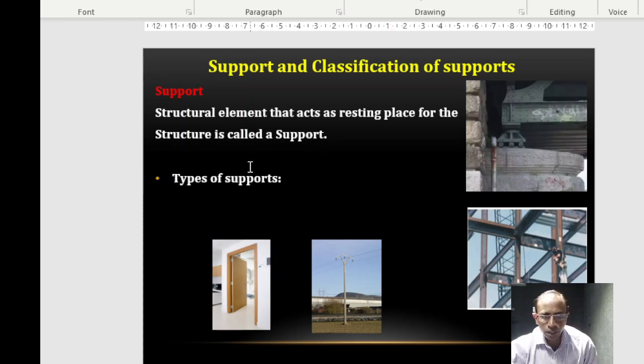So now we have got a preliminary understanding about the support. What is a support? How many different types? Maybe here itself I have shown almost three different types of supports. This is a kind of roller supporting system. The pin or hinge, sometimes it's called hinge. Pin support or hinge support, where a door is attached to the frame by means of that kind of support.